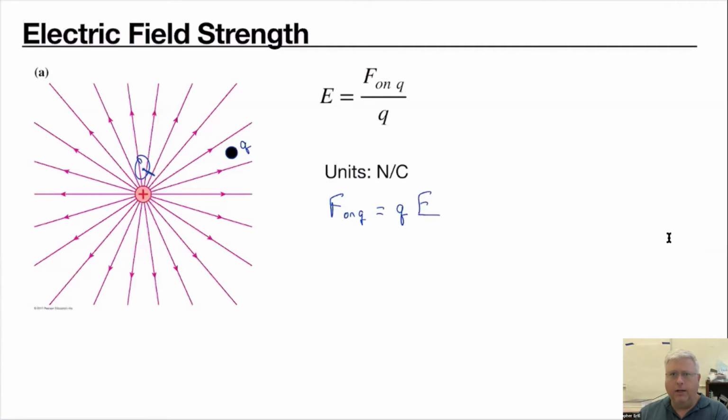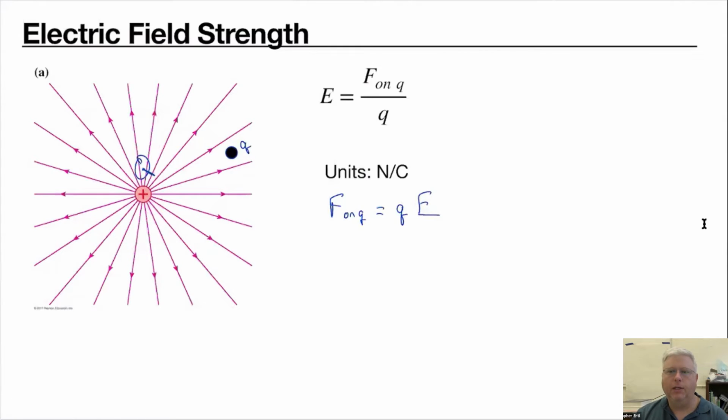A similar kind of thing, except here with electric fields we're not talking about the mass being accelerated, we're talking about the quantity of the charge. You can think of it sort of like that.